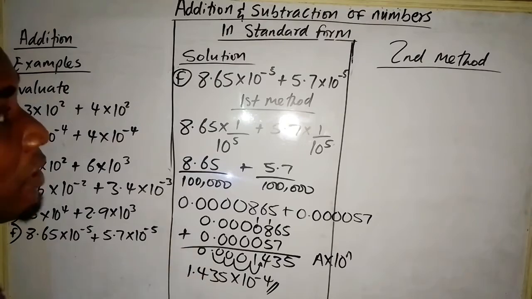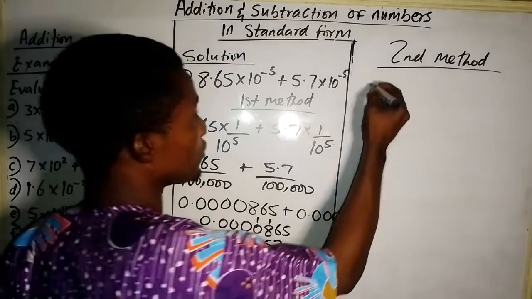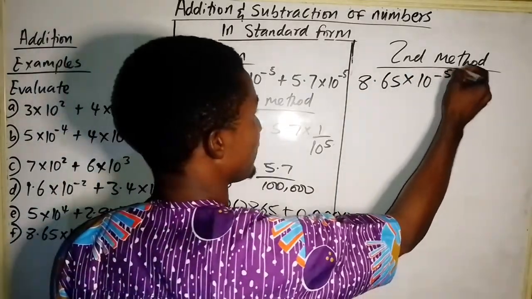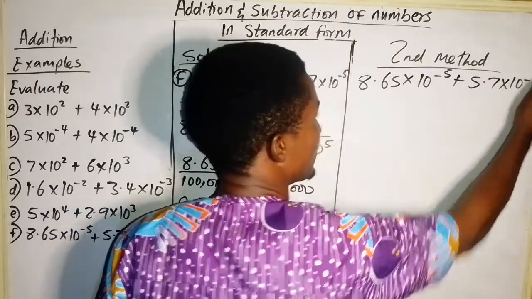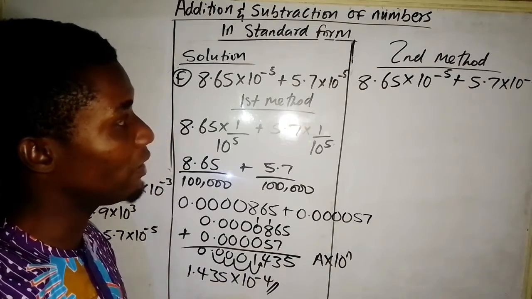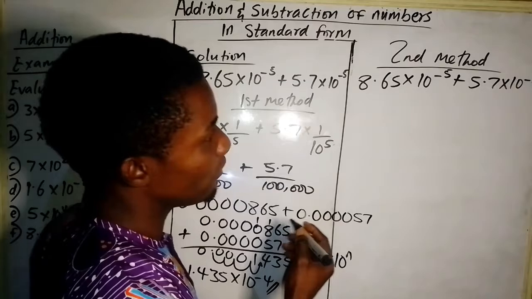Now let's apply our second method to see if we are still going to get the same answer as the first method. So we have 8.65 times 10 raised to the power minus 5 plus 5.7 times 10 raised to the power minus 5. To apply the second method, we don't need to change any exponent here. Since they are having the same exponent, all we need to do is to evaluate completely.